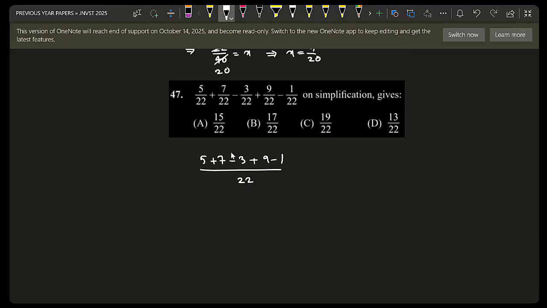First we'll add the positive ones. 5 plus 7, 12. 12 plus 9, 21. Minus 3 minus 1 will give you minus 4 divided by 22. So you're getting 17 by 22. It's there in option B. So option B is correct. Any doubts in this? No doubts?